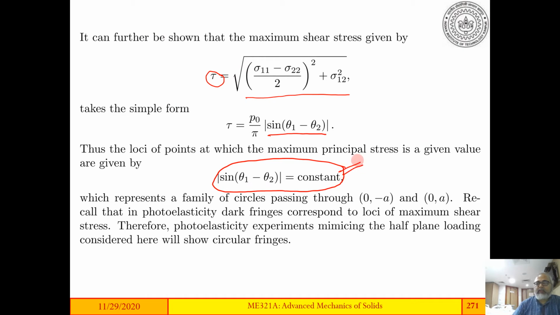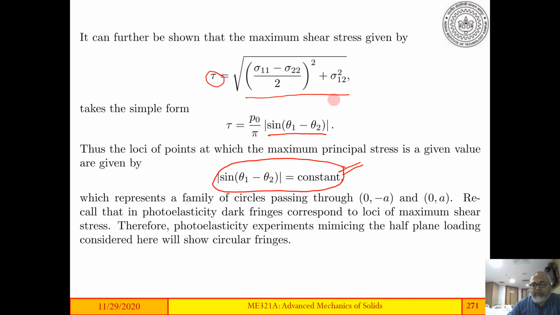Now, if you remember in your photoelasticity experiments, the fringes in the photoelasticity experiments with quarter wave plates, circular polariscope that you have learned, the dark fringes are representative of loci of maximum principal stress.